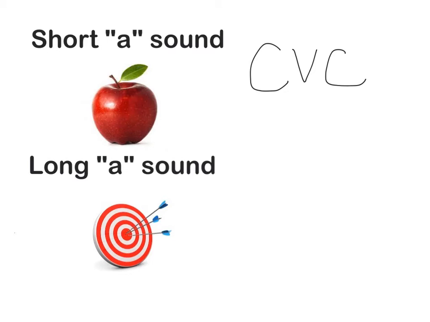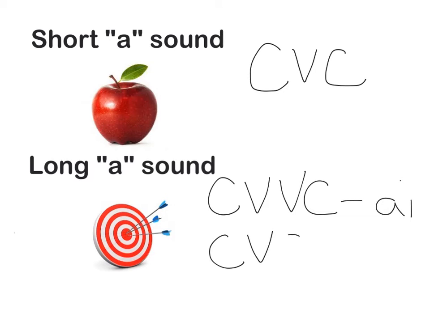Words that have the long A sound like in aim will have two different choices for patterns. They will have a consonant, vowel, vowel, consonant, usually with an A-I, or a consonant, vowel, consonant, and then an E in the word.